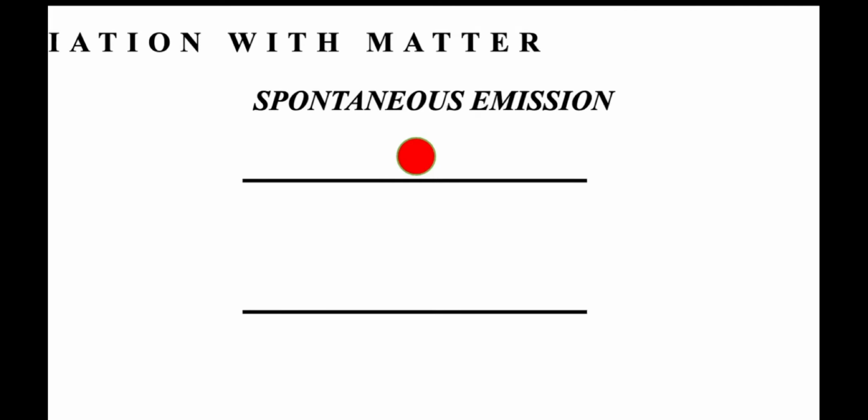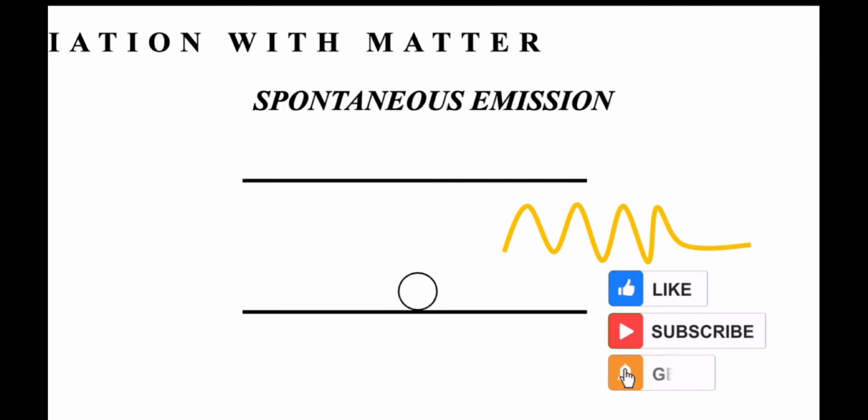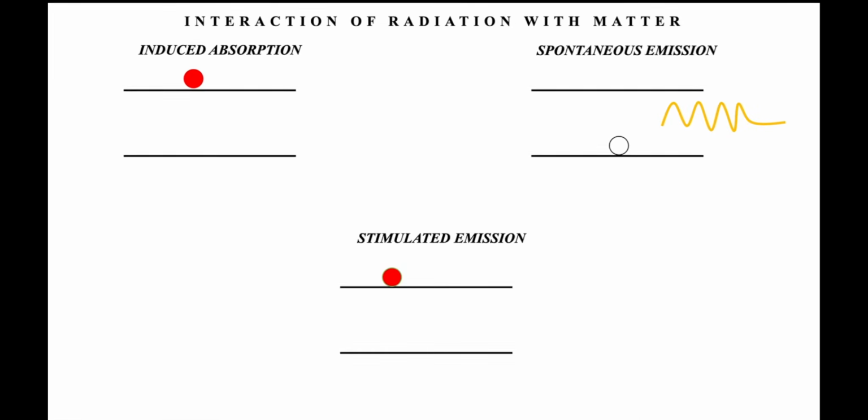Without any stimulation, it comes back to the ground state energy level. While coming back to the ground state, it emits all the radiation it stored while in the excited state. This entire process we call spontaneous emission.